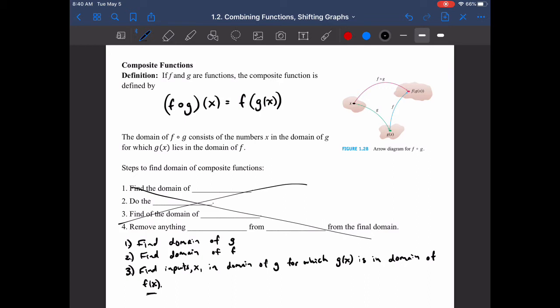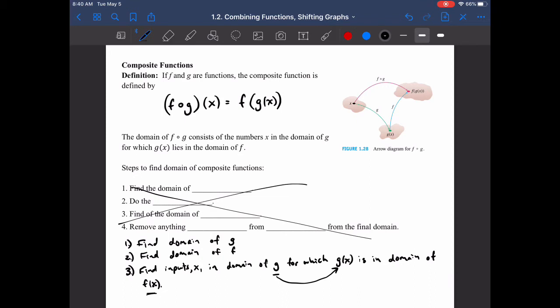So you not only have to find the domain of g, you then have to plug the domain values in for g, get the results, and then see if those results work in f of x. And basically what we're saying is you're going to exclude inputs x from the domain of g of x, for which g of x is not in the domain of f.